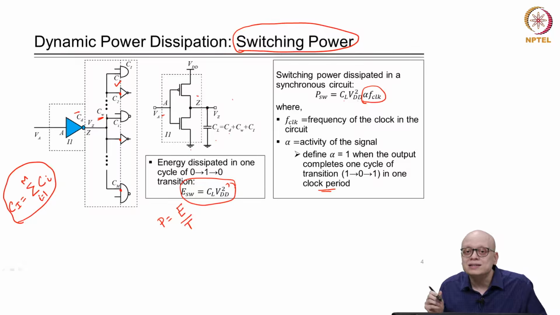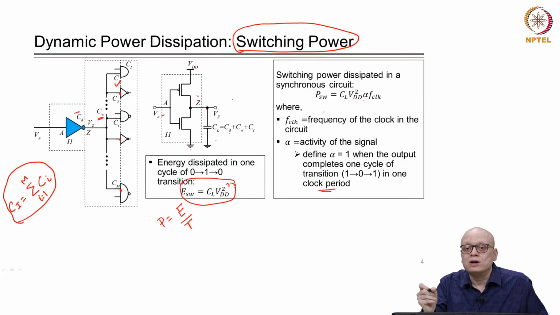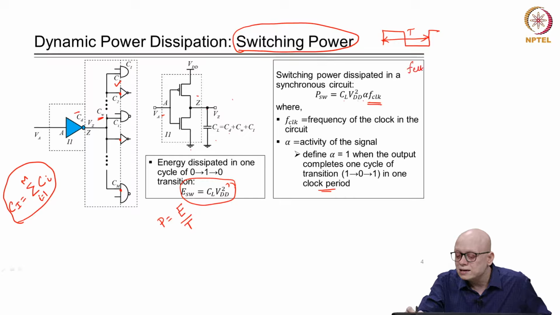Meaning that, suppose this power dissipation was happening in one clock cycle, right. Suppose there is a clock signal whose time period is T, and FCLK is equal to 1 by T, right.